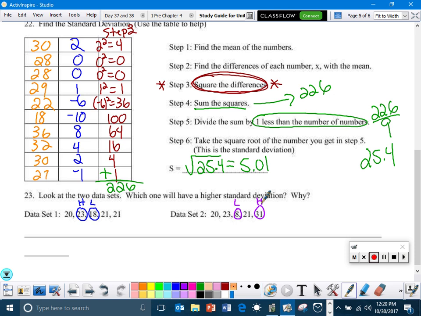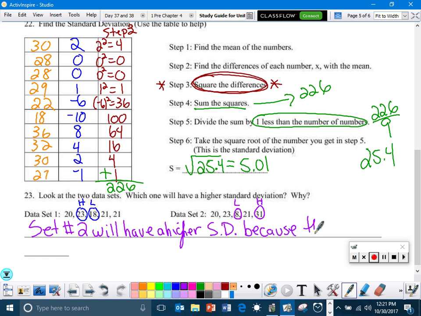Okay, well, data set number 2 will have a higher standard deviation because the low number and high number are further apart.